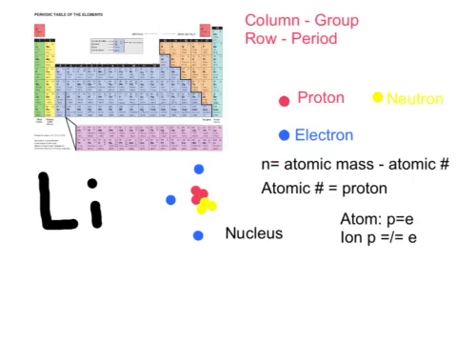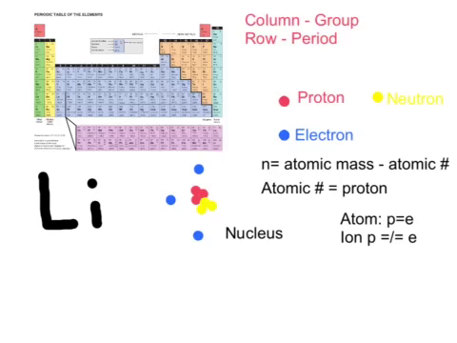This N stands for neutron, and we can find this number by subtracting the atomic number from the atomic mass.